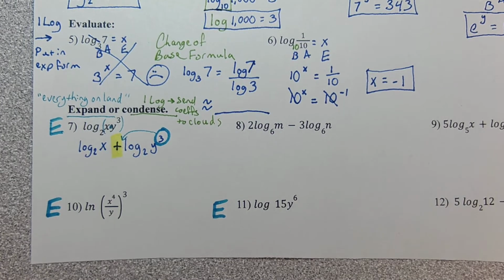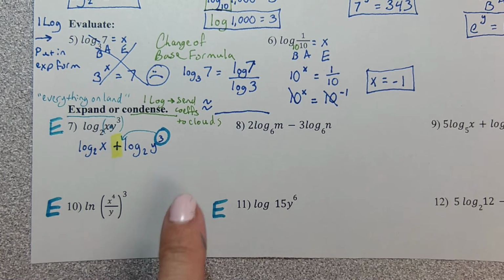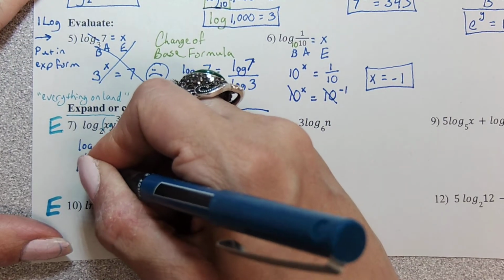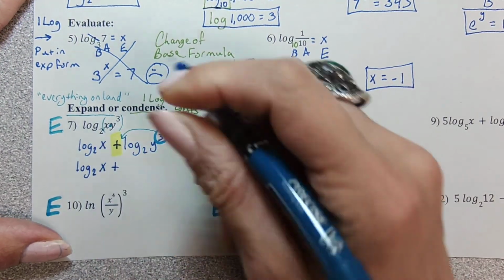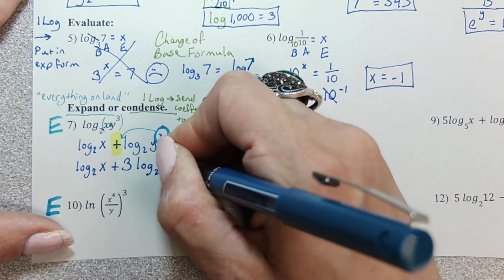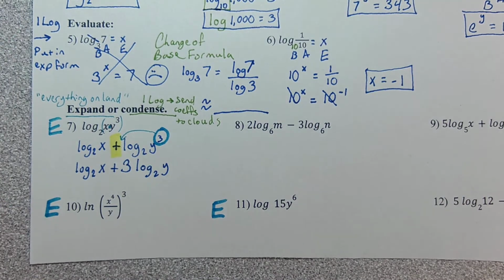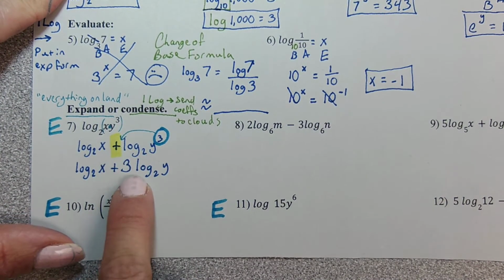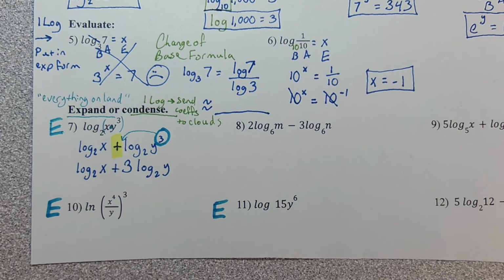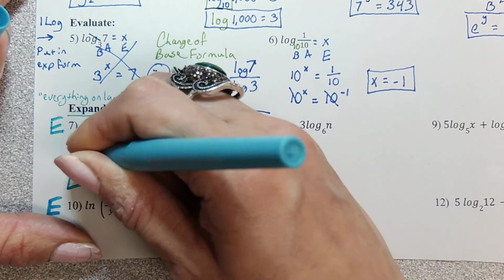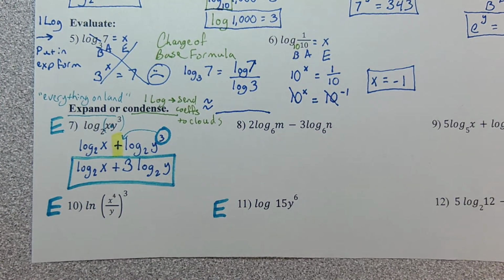It kind of seems like we are just taking things out of the exponent, but because of what's going on in the background with exponential form, this is a totally legal math maneuver. So we would have log base 2 of x plus 3 as a coefficient, log base 2 of y. So expand everything on the land means we want any powers at ground level out in front as coefficients. So this is expanded as that expression will go.